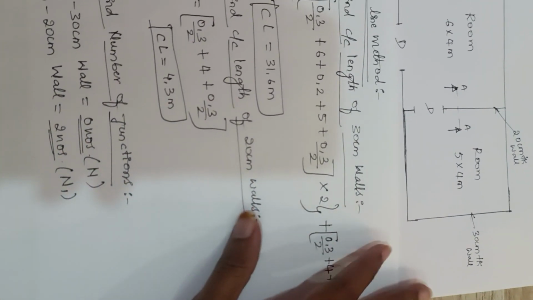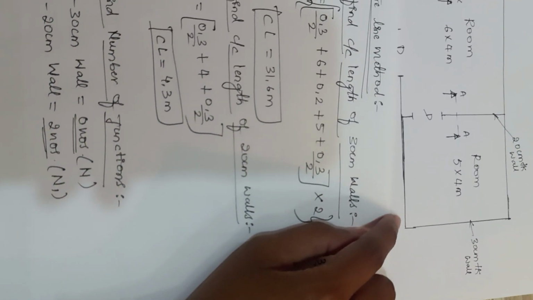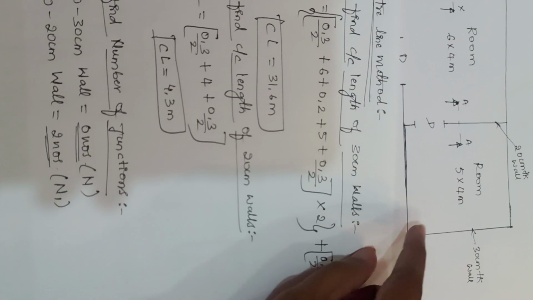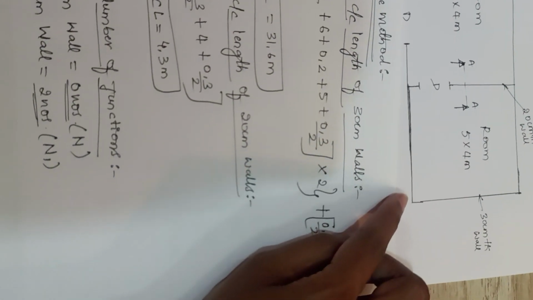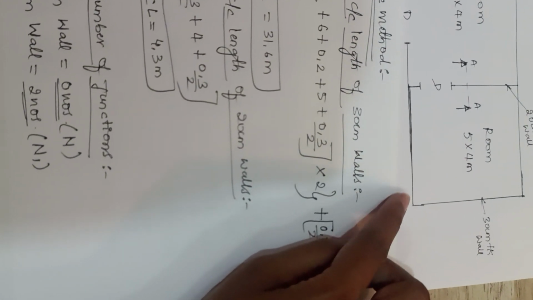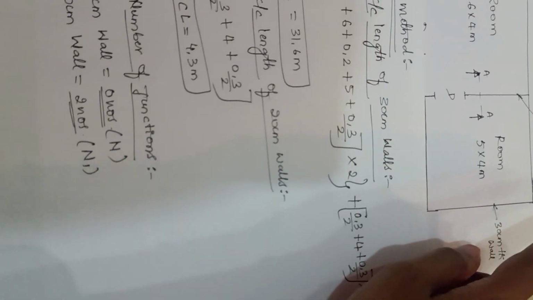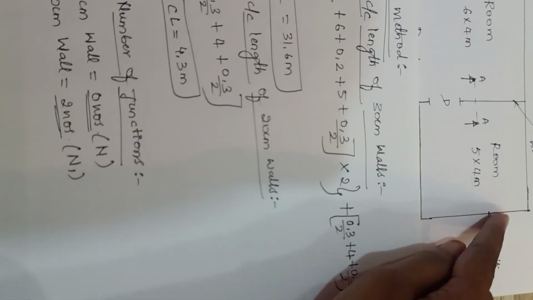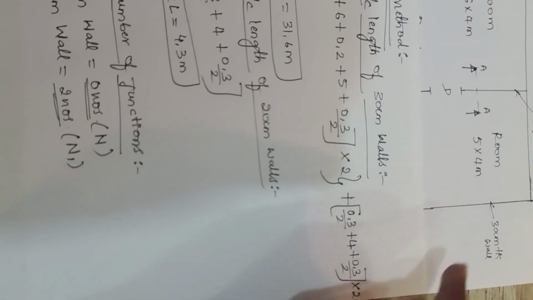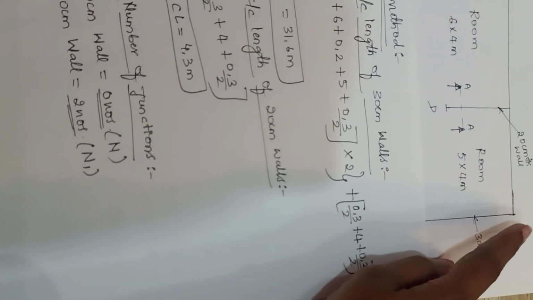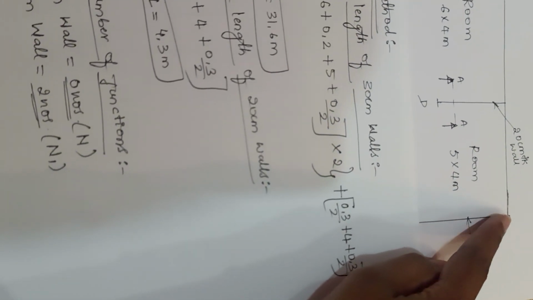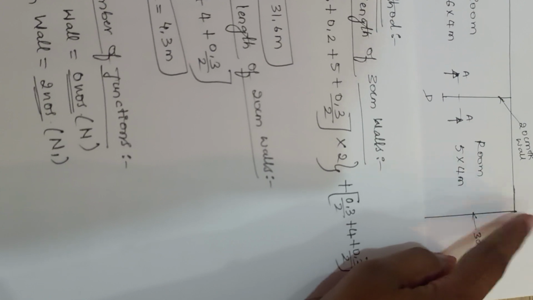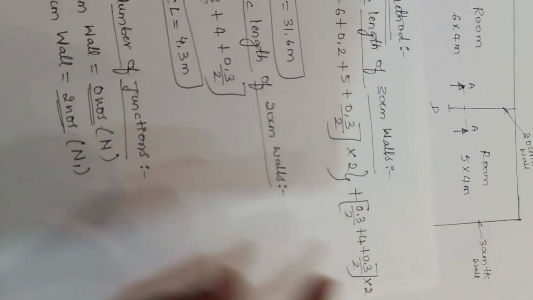To find the vertical distance, you have to consider the center of these two horizontal walls. The center of this wall is 0.3 by 2, plus if you move along the vertical direction upwards, you get a value of 4 meter, plus again once you reach the end, you take half of your wall thickness, that is 0.3 by 2.